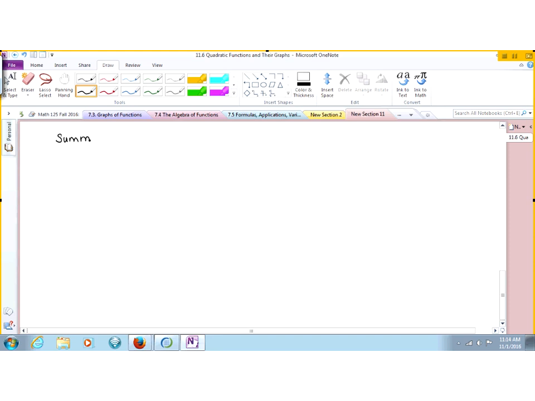Okay, so suppose I have the vertex form: f of x is equal to a times x minus h squared plus k. Tell me what this parabola is.